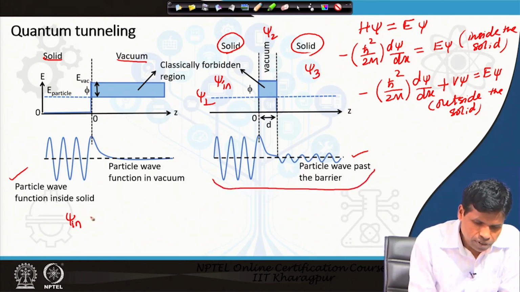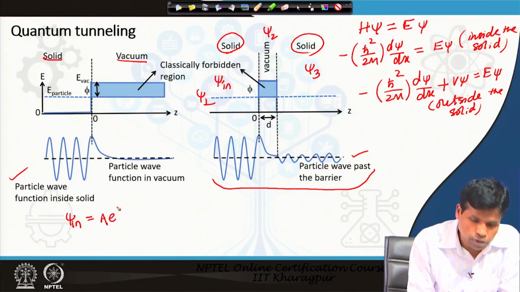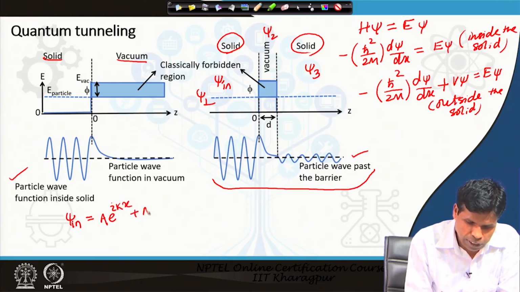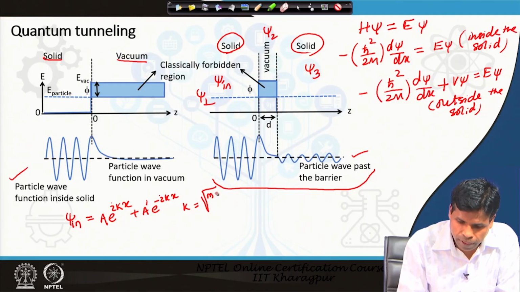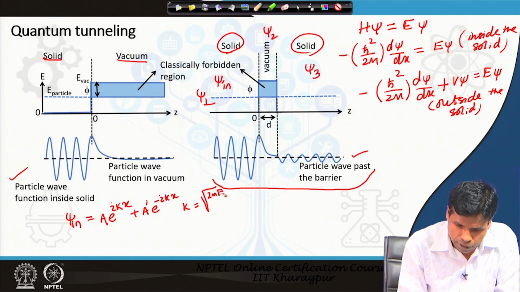Psi 1 can have a solution like A e to the power i k x plus A prime e to the power minus i k x, where k is root over 2mE divided by h cross square.